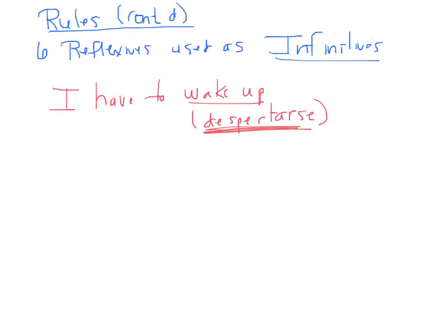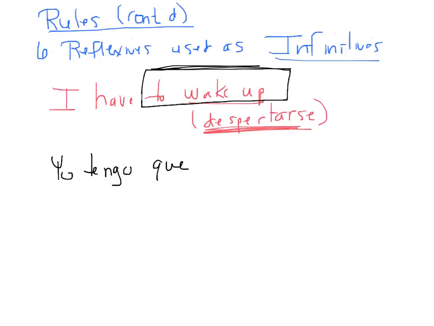Now that I've given you a chance to think about it a little bit, what ends up happening is we have a sentence that looks like this. Yo tengo que. And again, we know the verb is despertarse. We're not going to conjugate it because what we're trying to say here is to wake up. That's not conjugated.